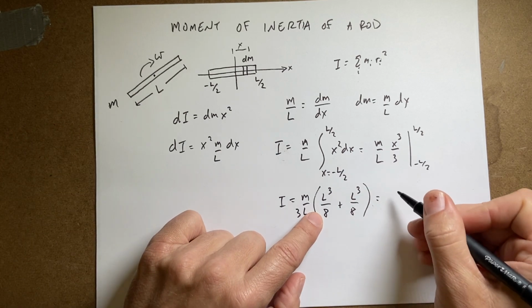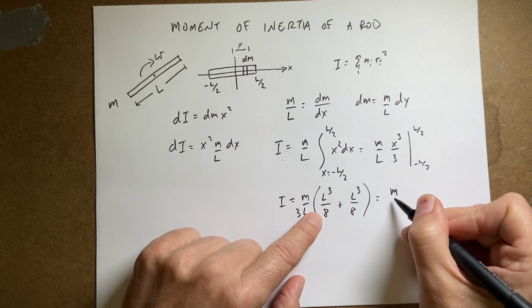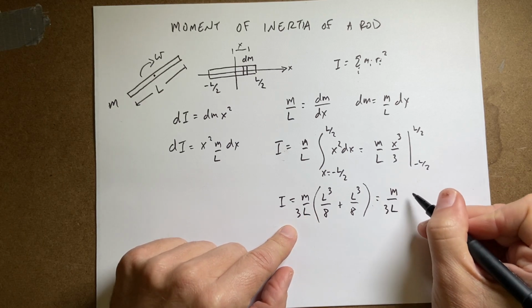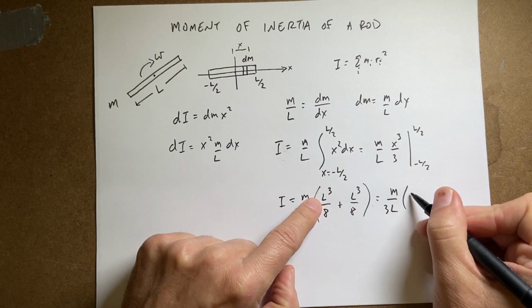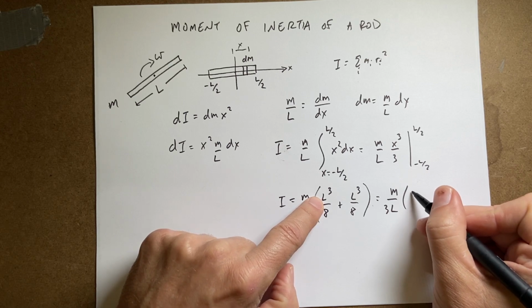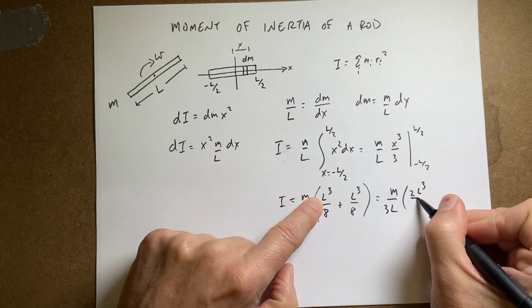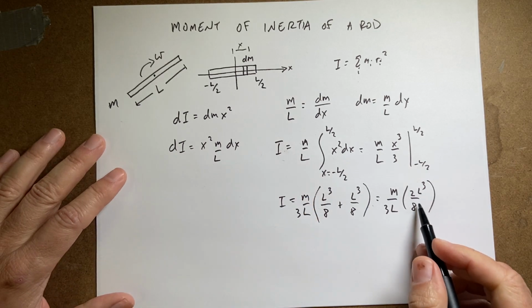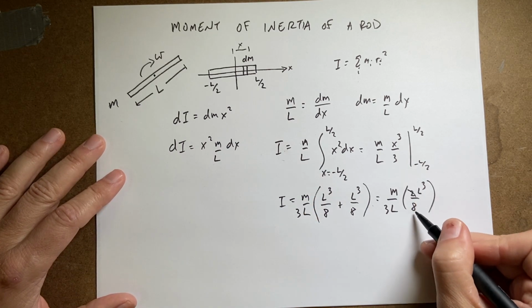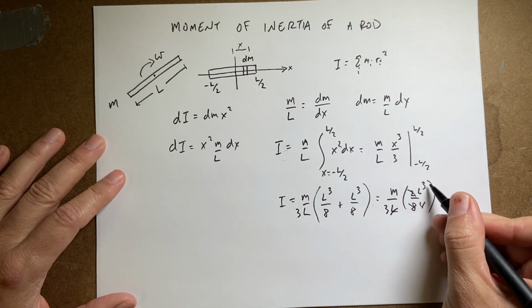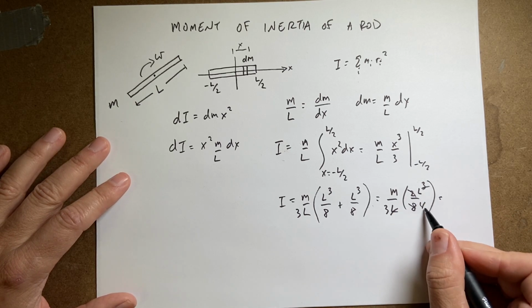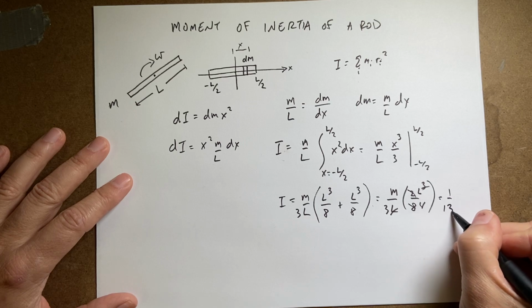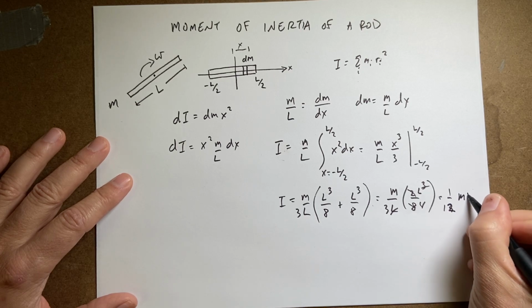Now I can add these two together, and I get M over 3L times 2L cubed over 8, which is L cubed over 4. So this is going to cancel, and that's going to be 4. This cancels with that, and I get 4 times 3 is 12, so 1/12 M L squared.